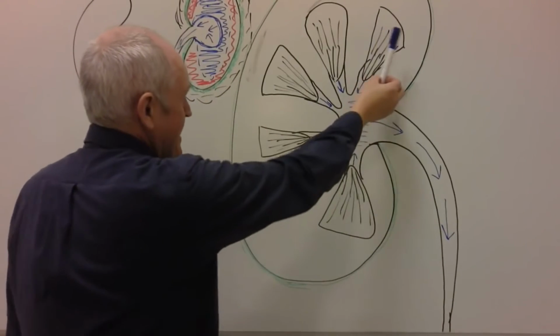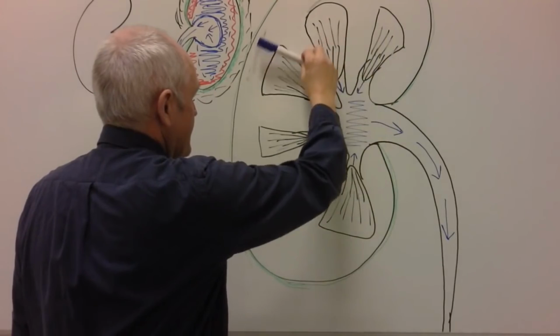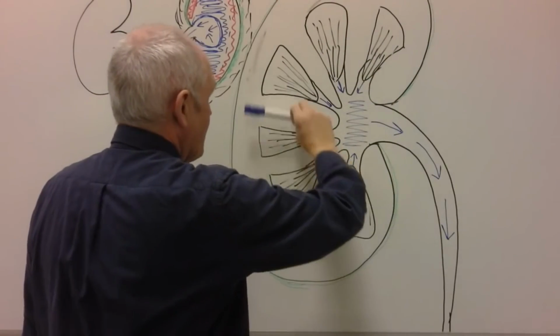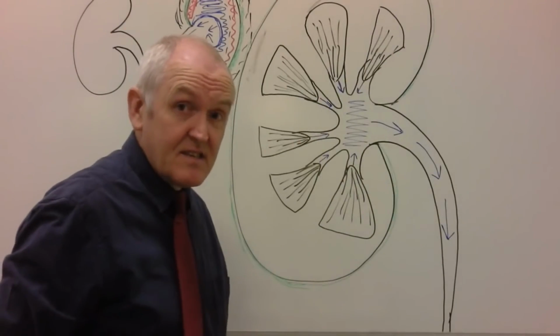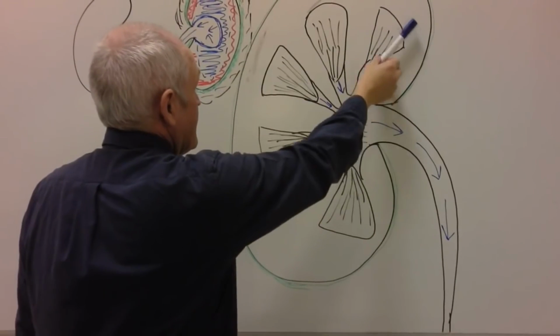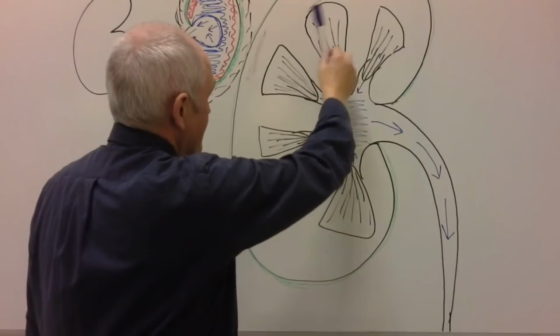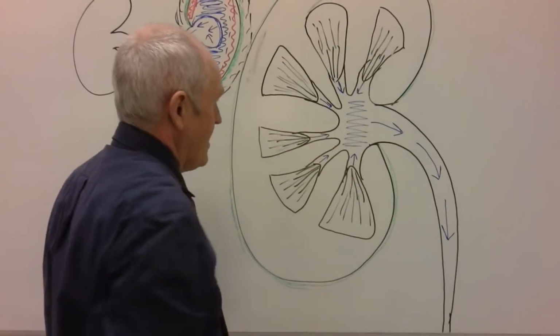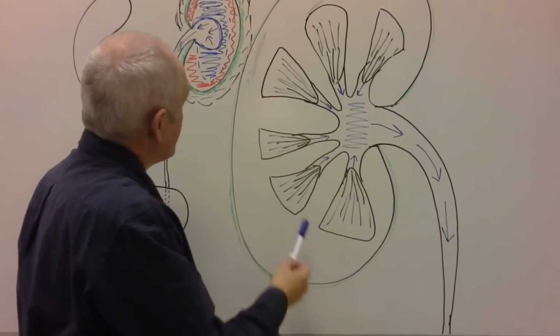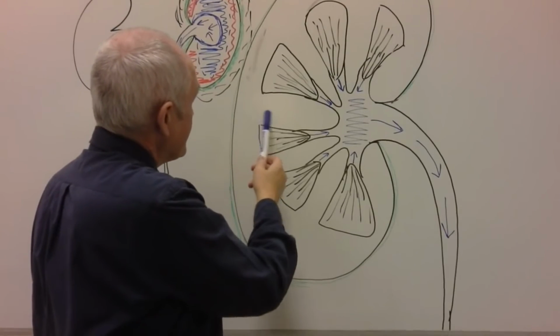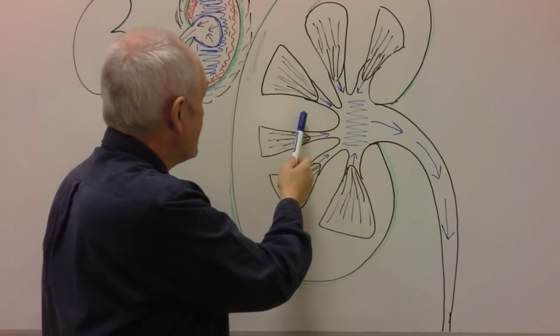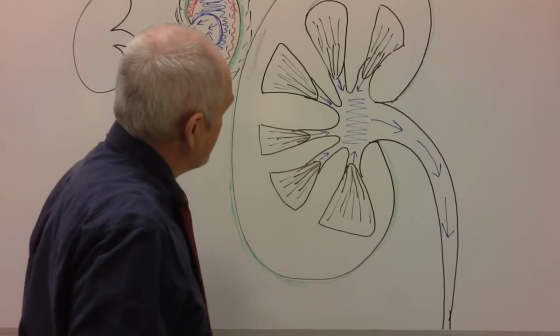And indeed there can be infection of the parenchyma of the kidney as well. That would be nephritis. Itis of course means inflammation of, but it would usually be caused by infection of the parenchyma. Nephritis, so remember the parenchyma is the cortex, the cortical columns and the medulla.